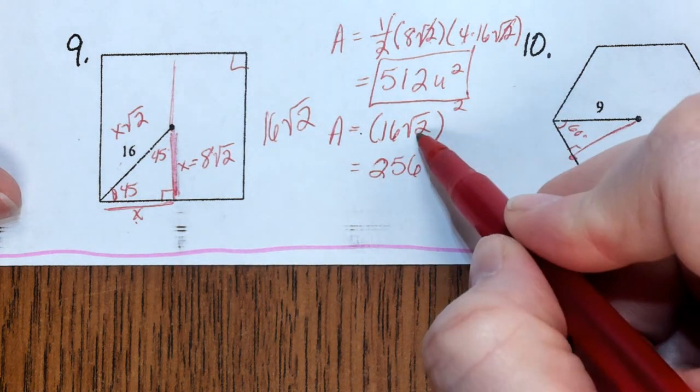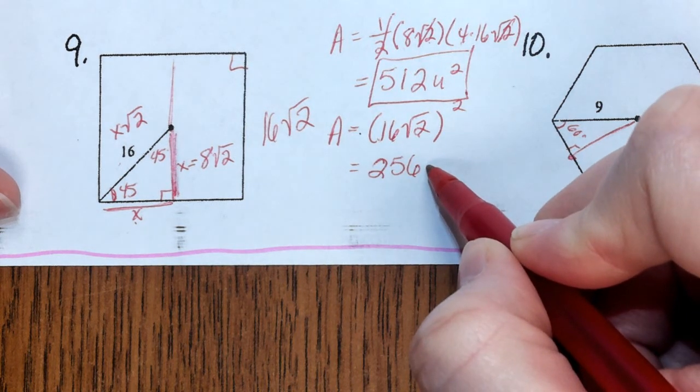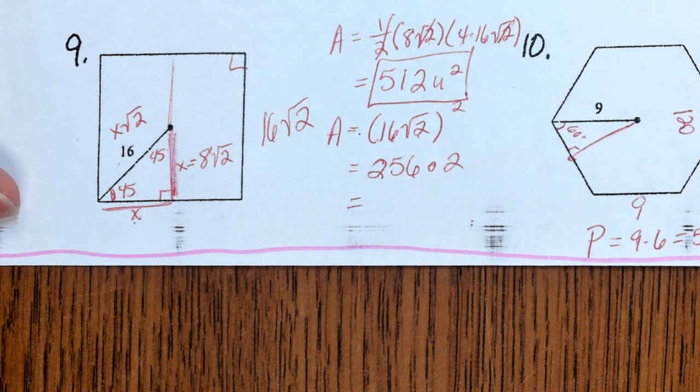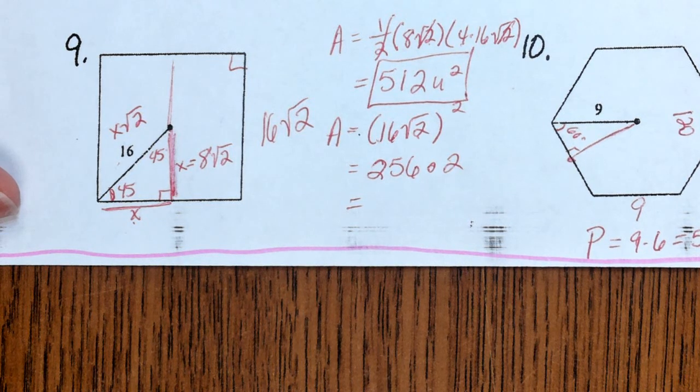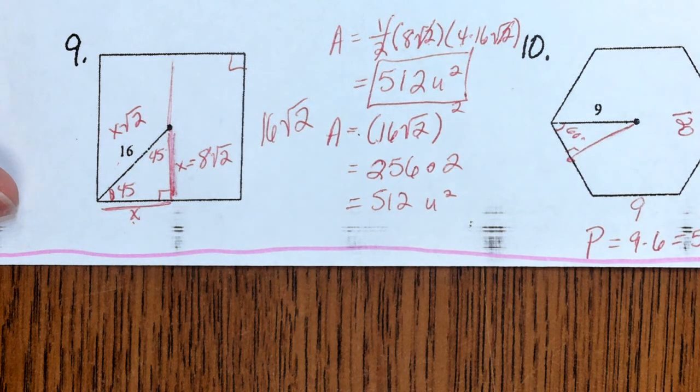Okay. And the square root of 2 squared? Remember, square and square root cancel? So it's just 2. What's 256 times 2? You know what it better be, but check and see if it is. Yeah. So just so you see, I did it both ways.